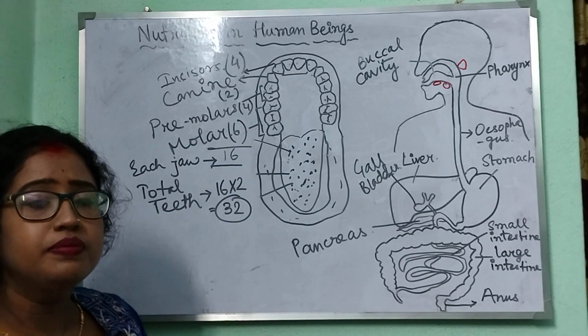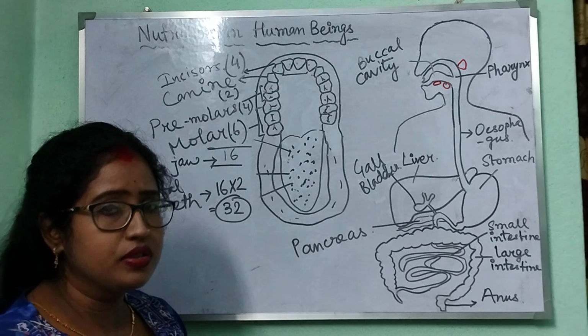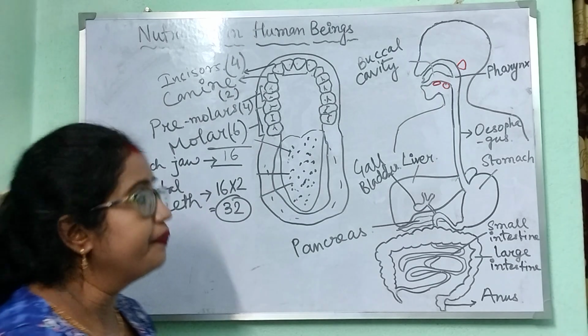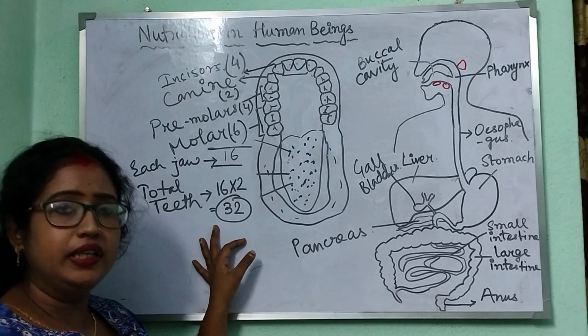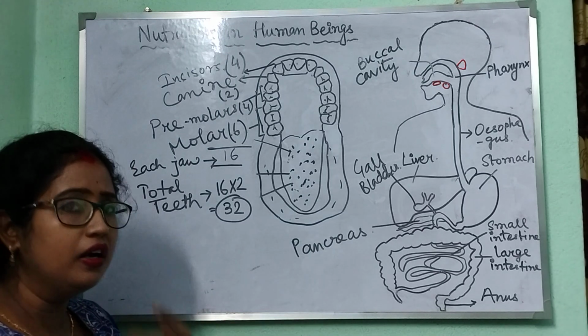Molars also help in the chewing and grinding process. The function of premolars and molars is the same. So we have a total of 32 teeth as our permanent teeth in our mouth.